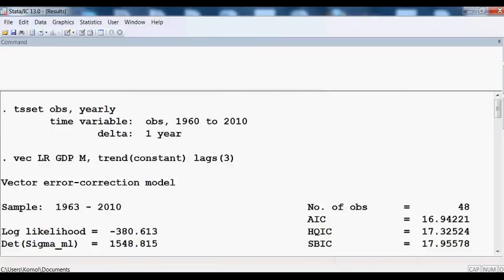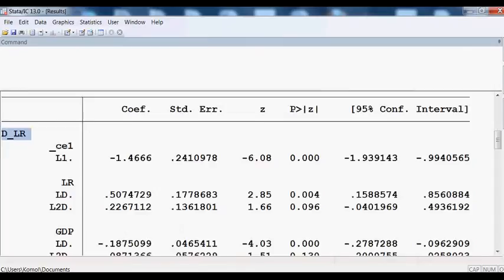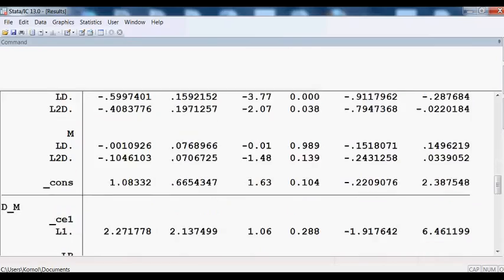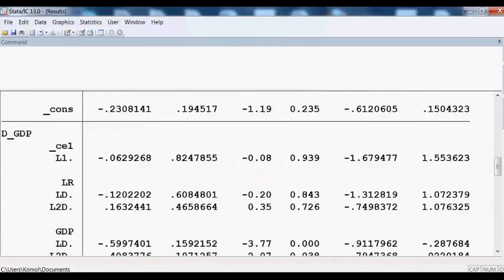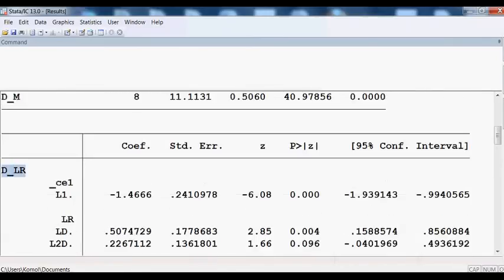So here there is the model. This is the dependent variable DLR, and there is also one more dependent variable. But here what I shall do, I shall choose the first one, because that is our target model, where I put LR first.